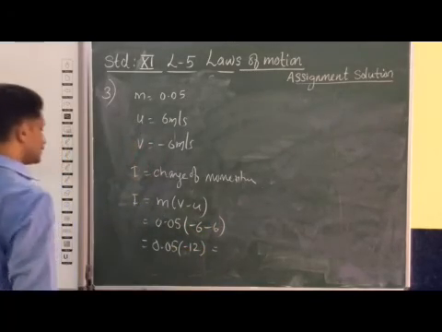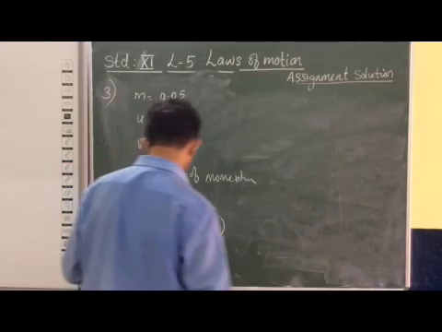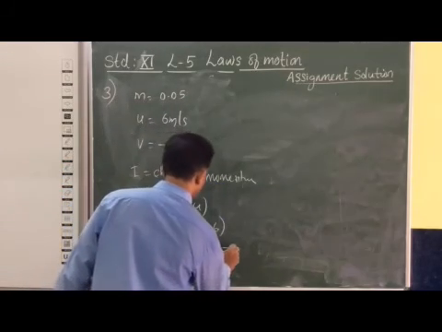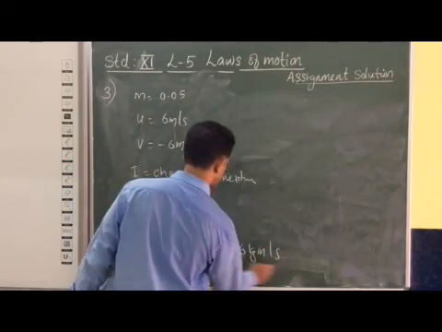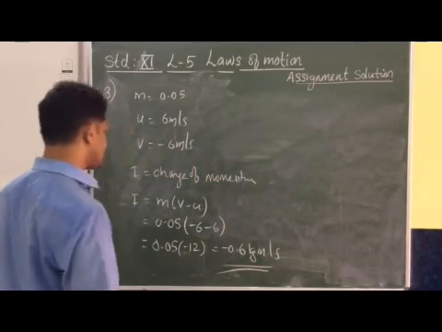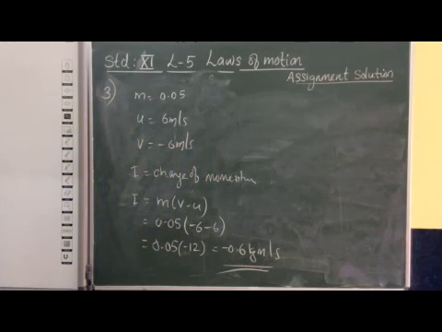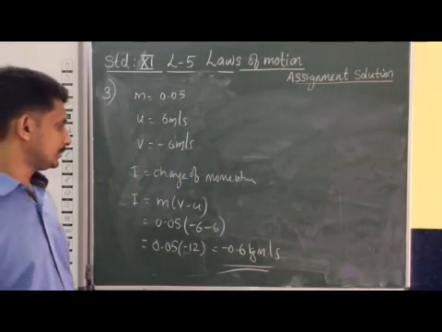After doing this calculation, we get minus 0.6 kilogram meter per second, which is the impulse imparted.